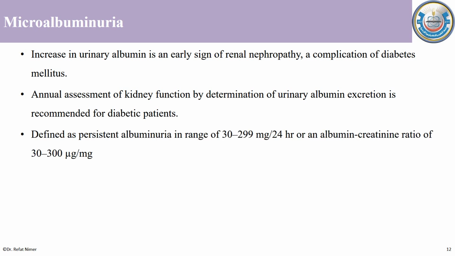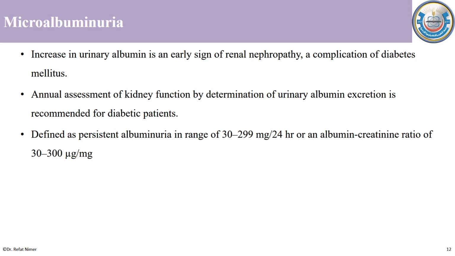Microalbuminuria is defined as persistent albuminuria in the range of 30 to 299 milligrams per 24 hours, or an albumin to creatinine ratio of 30 to 300 micrograms of albumin per milligram of creatinine. So this is the microalbumin test.